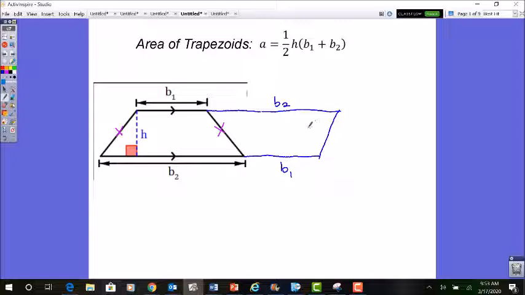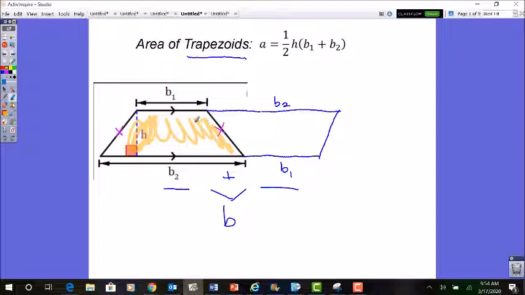If you connected the two of those, what we now have is one large parallelogram where base 1 and base 2 together are the base of this big parallelogram. So that's why we have base 1 plus base 2. And the height is exactly the same. But since we only want the area of that initial trapezoid, we only need 1/2 the area of that whole parallelogram, because all we want is this area right here.